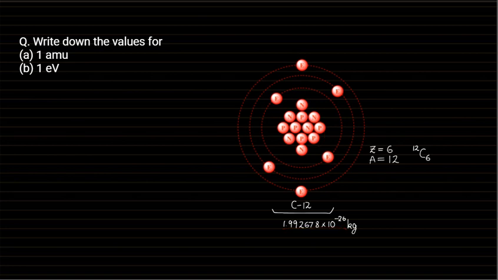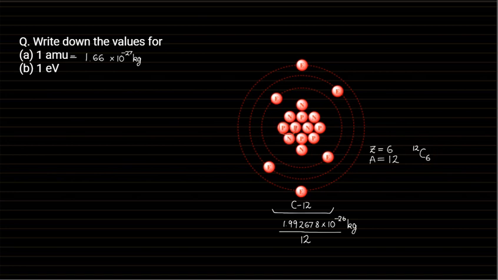So consider there are 12 particles having the same mass and the total mass is this much. If I ask you the mass of an individual nucleon, we have to divide this total mass by the number of nucleons. How many nucleons are there? 12. So if I divide this by 12, I will get 1.66 times 10 to the power minus 27. Fine. So 1 atomic mass unit means the mass of an individual nucleon, no matter whether it is carbon or any other element, whether it be a neutron or proton.